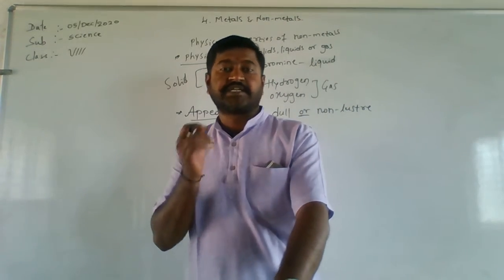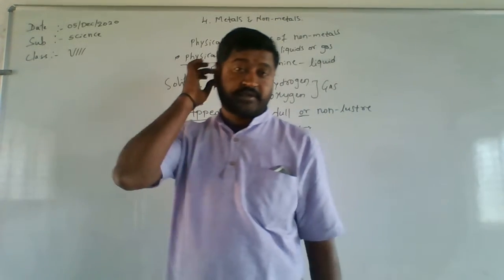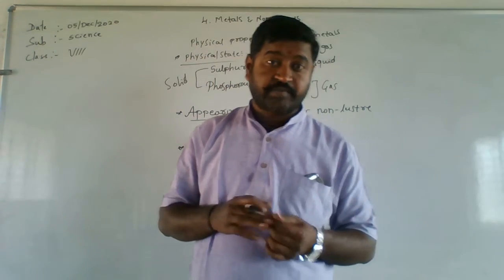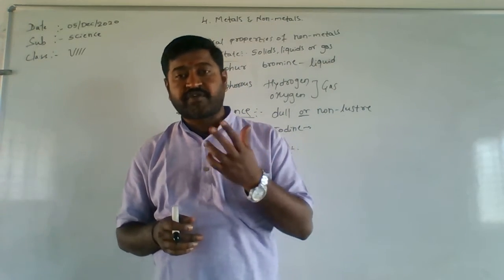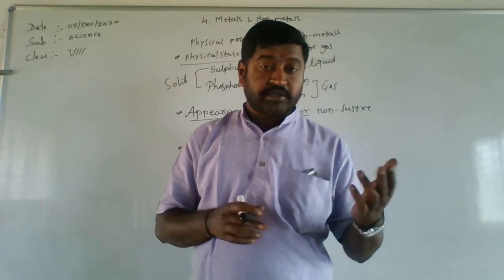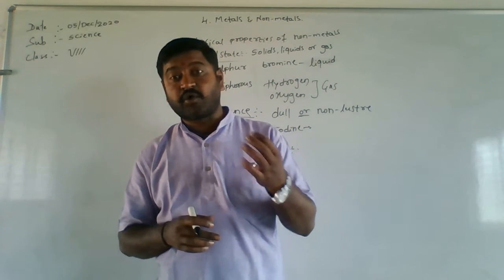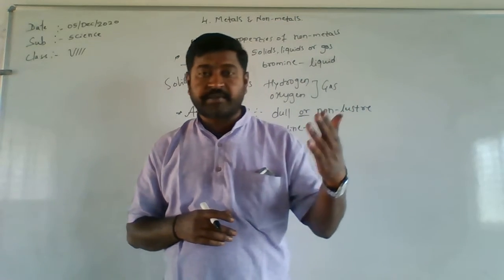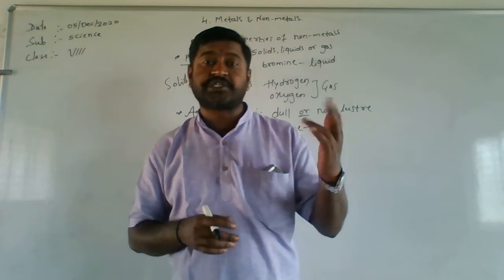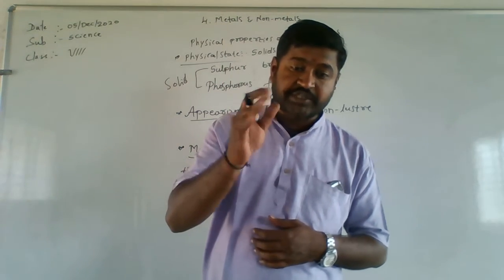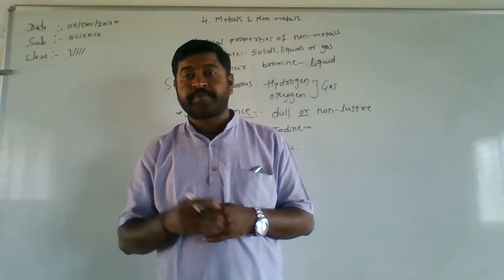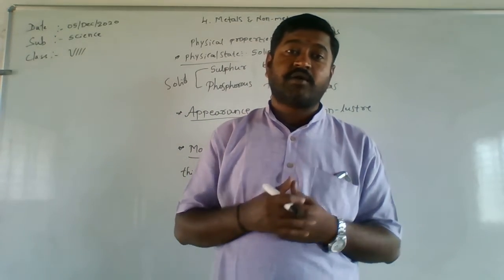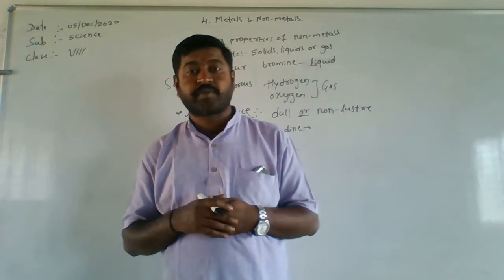Non-metals are brittle. We had seen that when it came to good conductors, wires were made up of copper. Even though wires can be made from gold and silver, we can't afford to make them as wire because it is too costly. But with respect to copper, aluminum is cheaper. Then why didn't we make wires of aluminum?